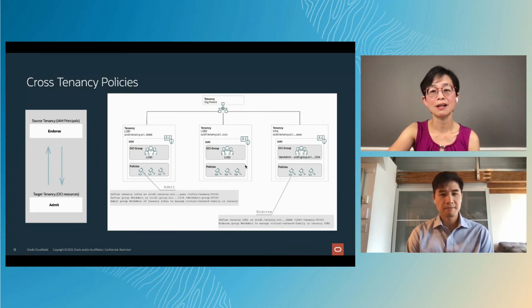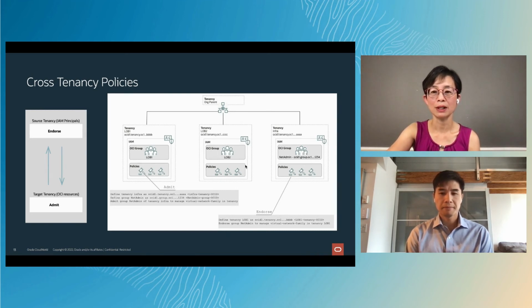Yeah, so continuing on with the enterprise example, you might want to have the central network team manage your cloud network environment for all the tenancies, including the LOB. So for the network team to do that, they will need to have the required permissions in all the LOB tenancies.